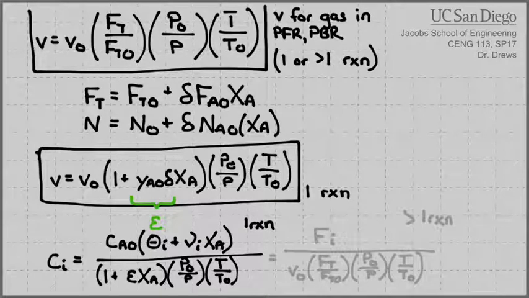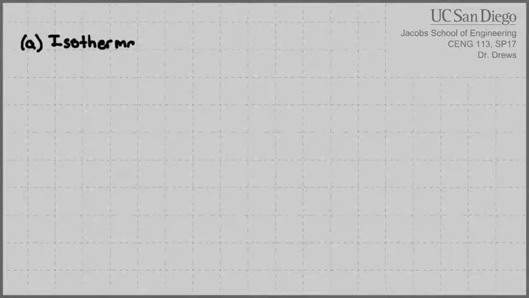Cool. Okay, let's talk about pressure. Some of these terms are pretty easy to deal with, and you've seen the terminology before. Some of the terminology that we've seen is isothermal. So if we're talking about an isothermal reactor, all that means is T over T0 is 1.